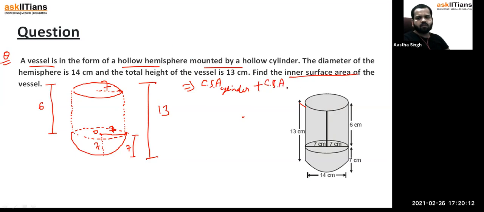Curved surface area of your hemisphere. Curved surface area of cylinder will be equal to 2 pi r h. What is the curved surface area of hemisphere? That is 2 pi r square.